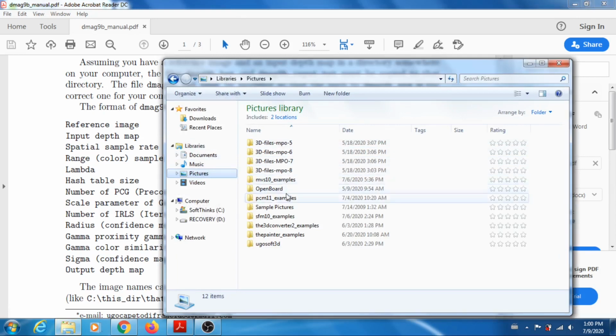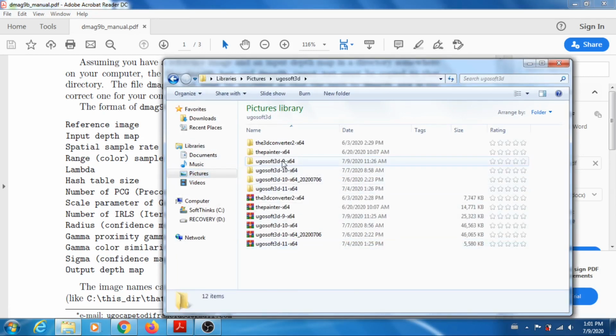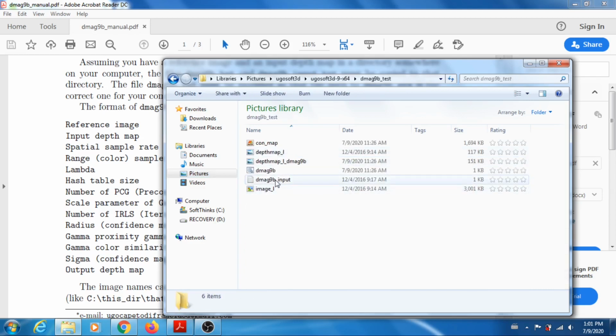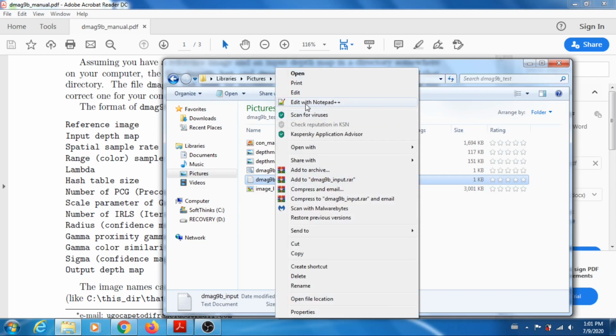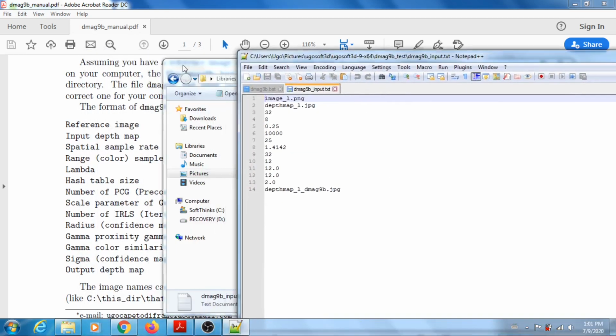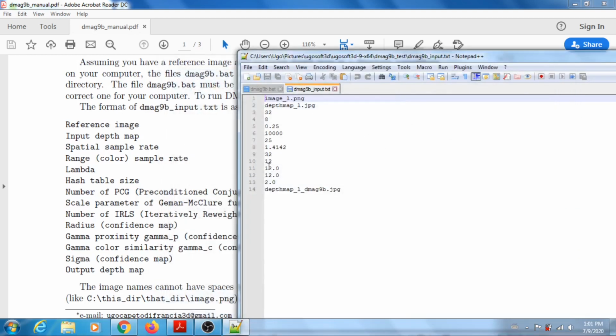Let's see what I use by default. So this is the reference input. This is the spatial sample rate at 32 and the range color sample rate at 8.